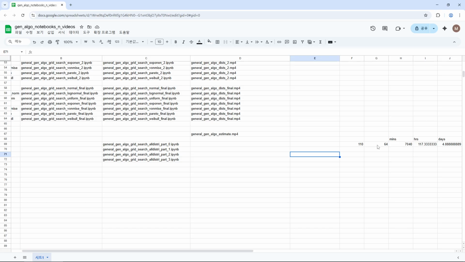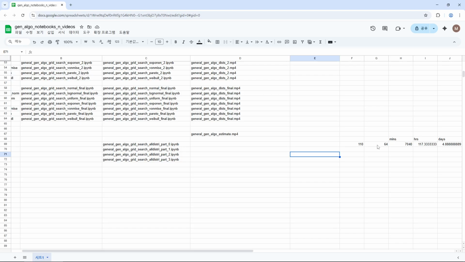I thought it'd be faster, but then again, I did not optimize the code to utilize the GPU or any sort of faster processing. So even on Pro Plus, the only benefit that I get is that the notebooks won't stop running when I close the browser.